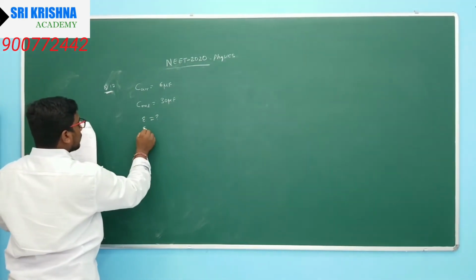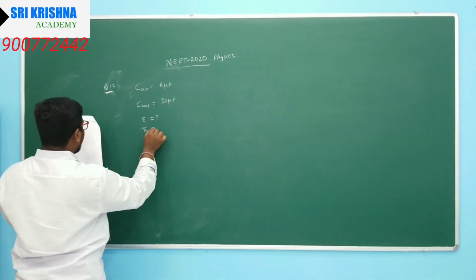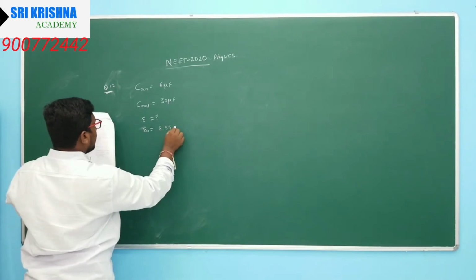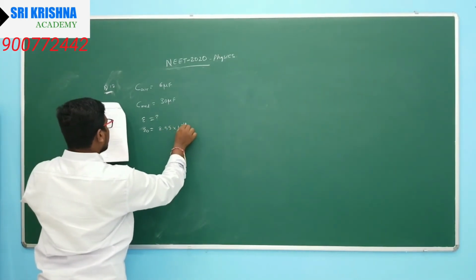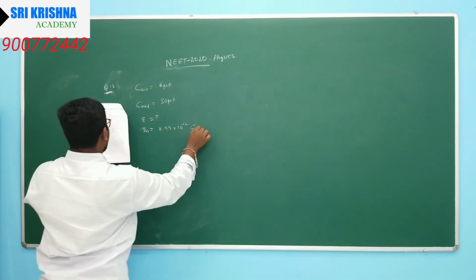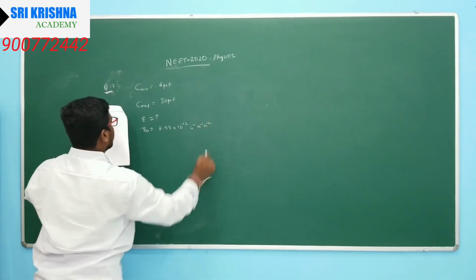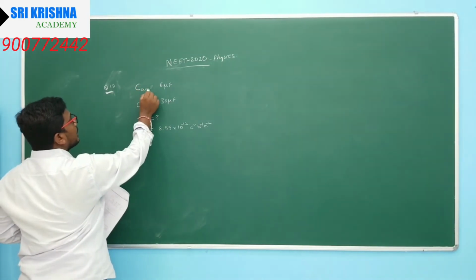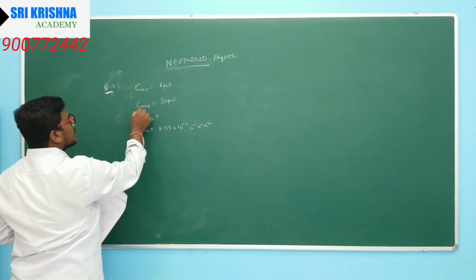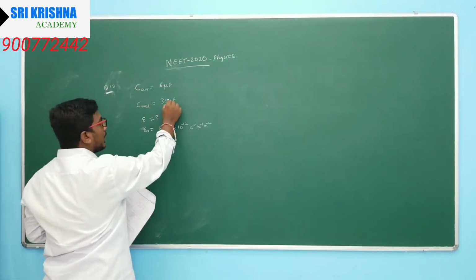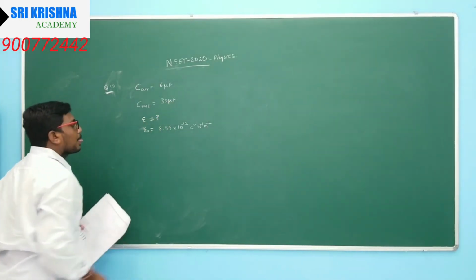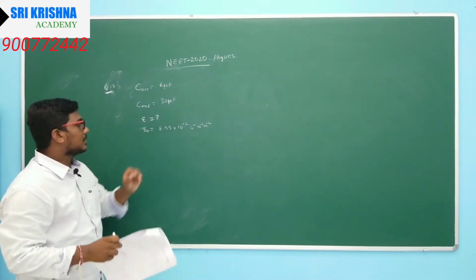He is given the permittivity of air as 8.85 into 10 power minus 12 C square N minus 1 m minus 2.